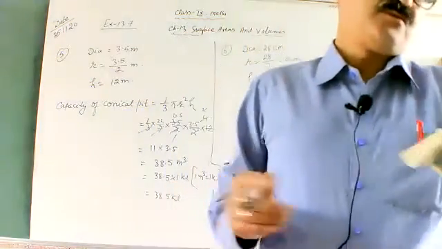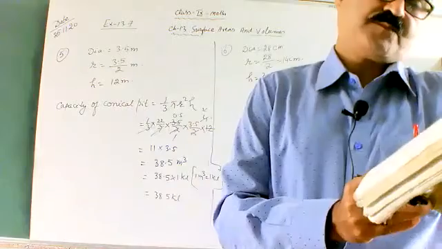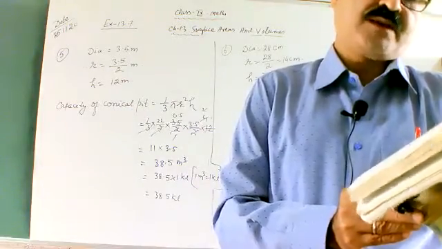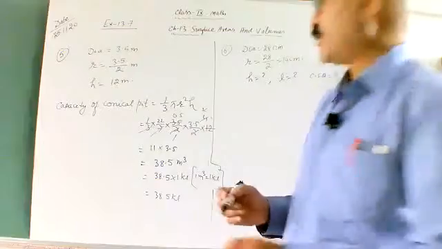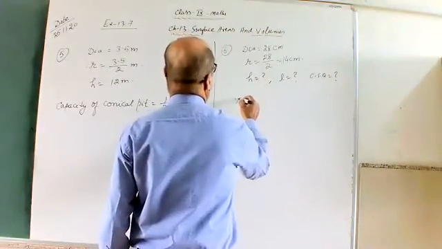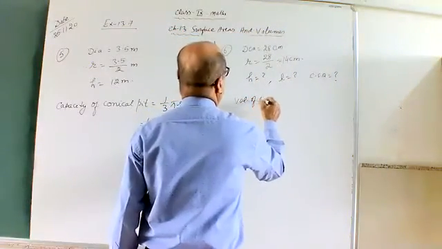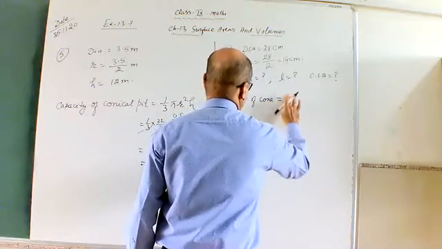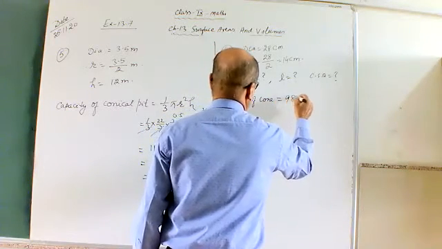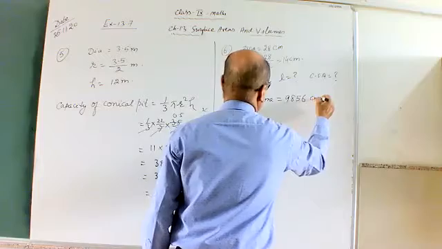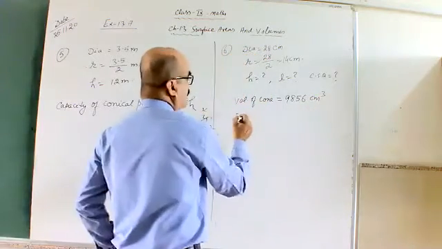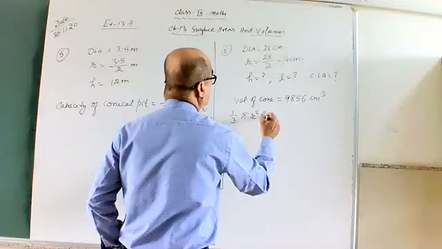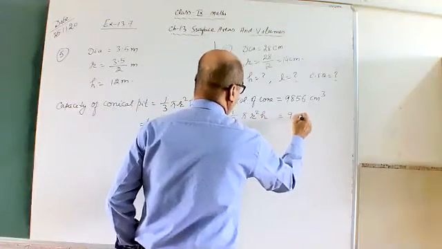Volume of cone is 9856 centimeter cube. Volume of cone is 1 by 3 pi r square h.